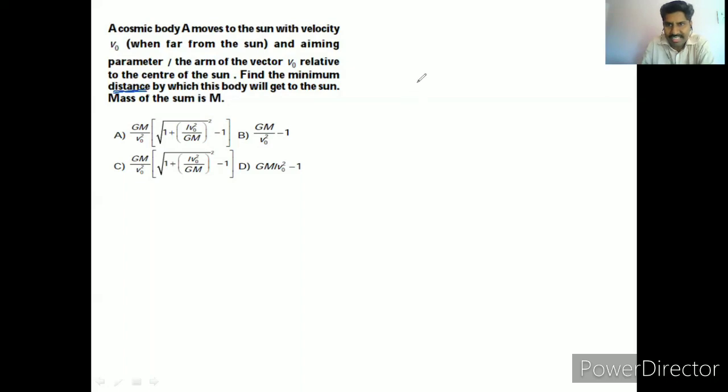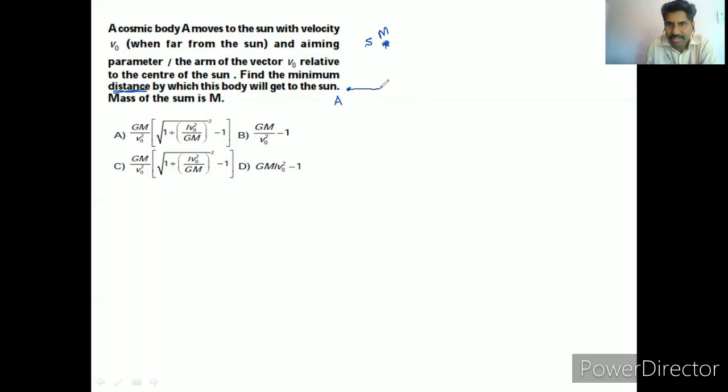So I will draw the physical situation. This is the sun, and its mass is capital M. Now there is a cosmic body A at this position.